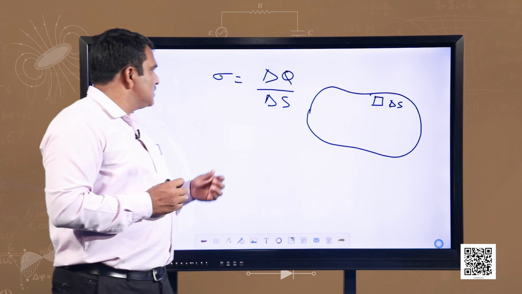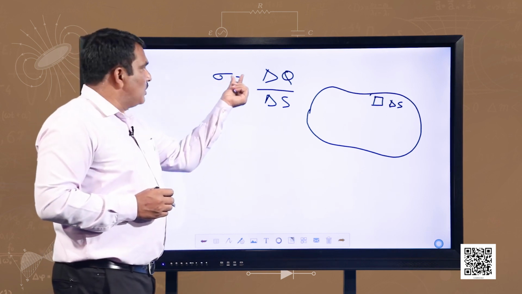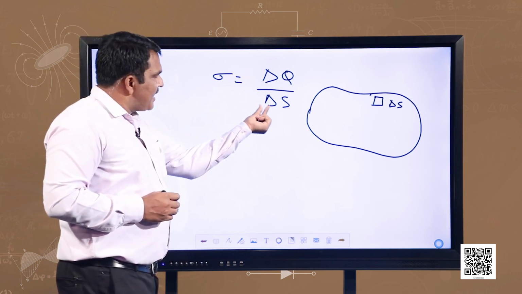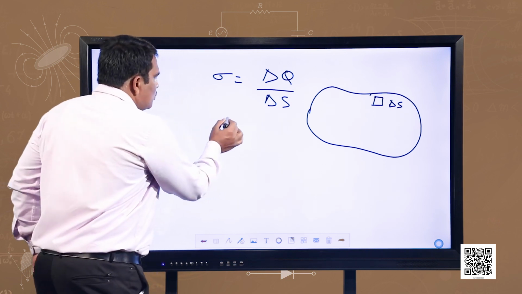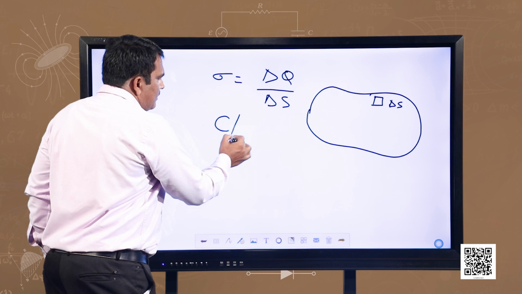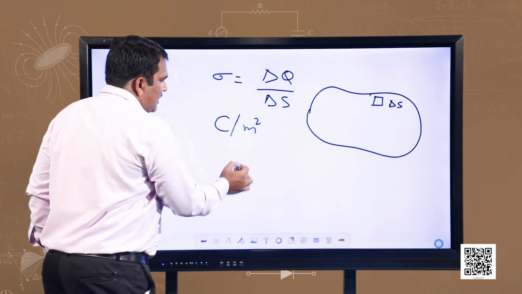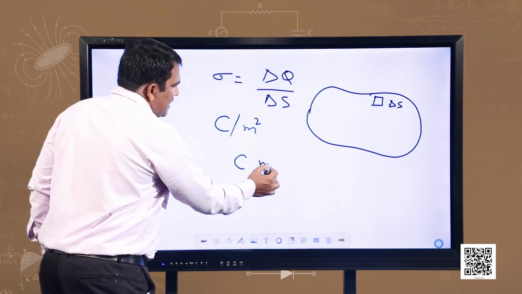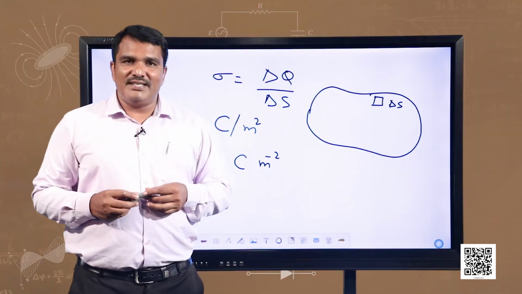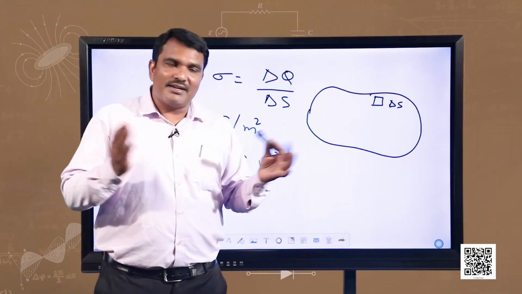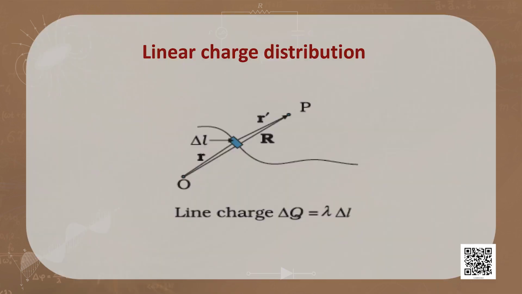Unit of charge is coulomb and unit of area is meter square. So, unit of charge density becomes coulomb per meter square. You can write like this also, C m minus 2. Now, what if charge is distributed over a wire? Suppose this is a wire like this and charge is distributed over a wire.